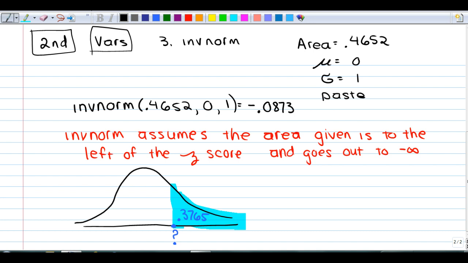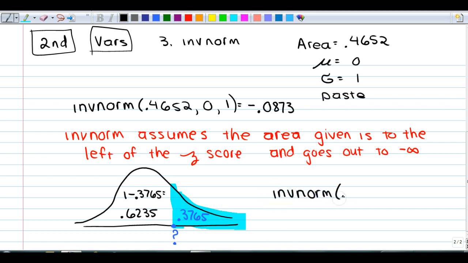Well, if I've got 0.3765 to the right, I must have 1 minus 0.3765 to the left. That would be 0.6235 to the left. And I would do INVnorm.